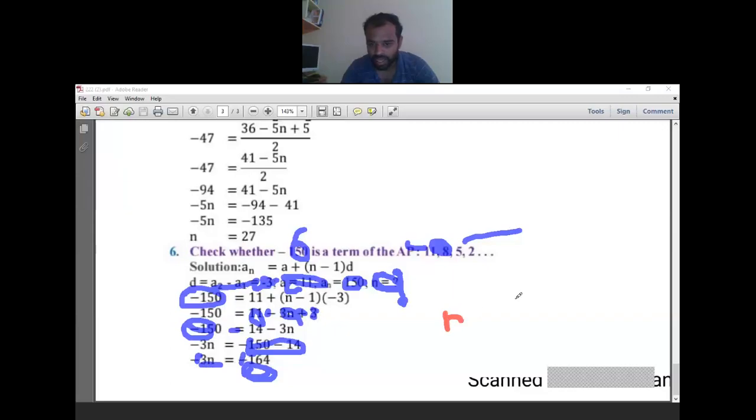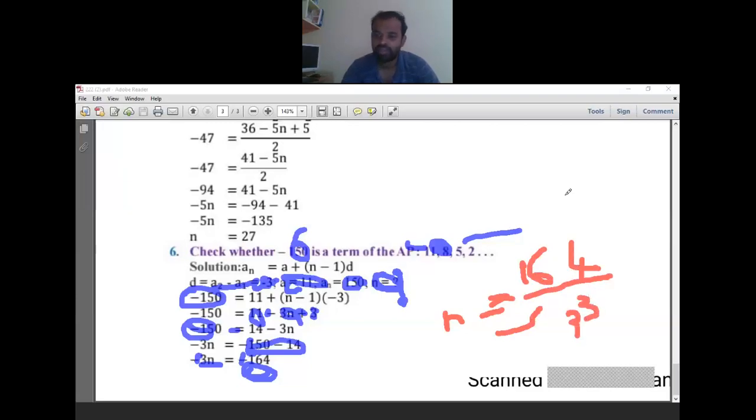Next, n is equal to 164 divided by 3. The number is not completely divisible by 3, therefore minus 150 is not a term of the given AP.